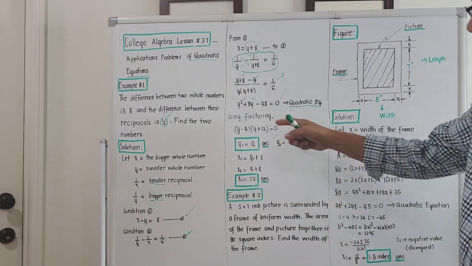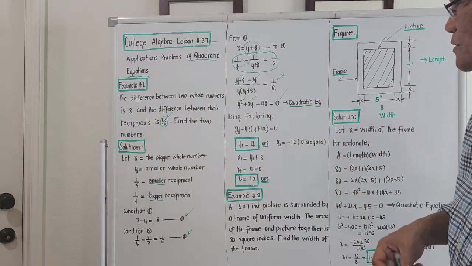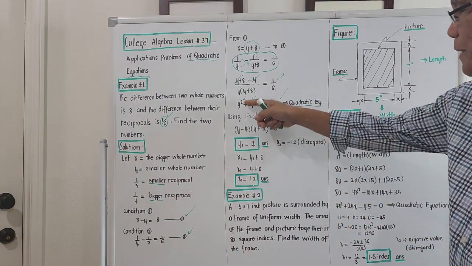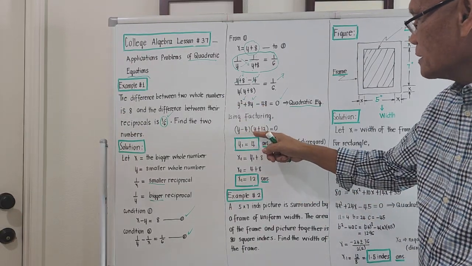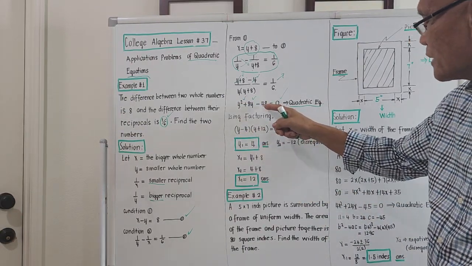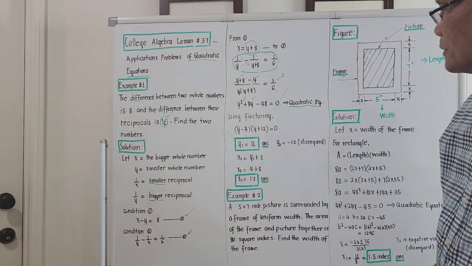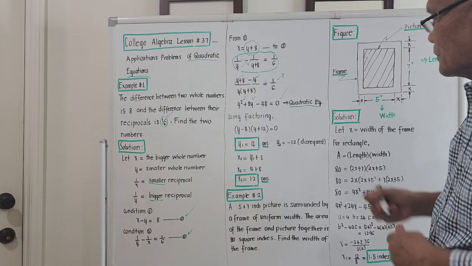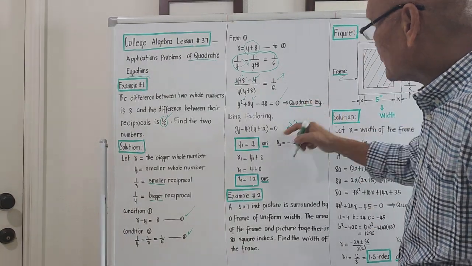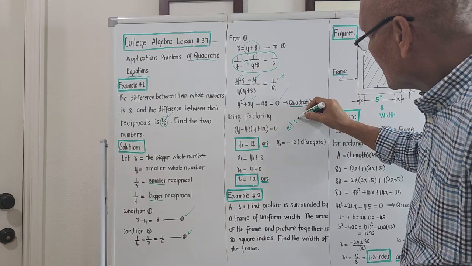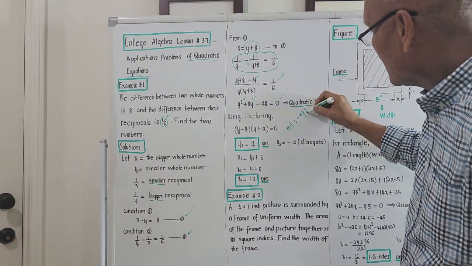But this is just simply a pure quadratic equation, so we will solve it by factoring. The possible factors of y squared will be y and y, and the possible factors of negative 48, a positive 12 and a negative 4. Let's try to check the middle term. The middle term should be negative 4y plus 12y.